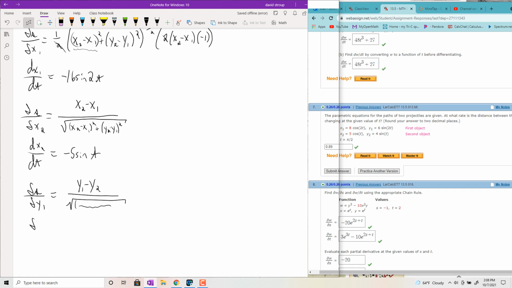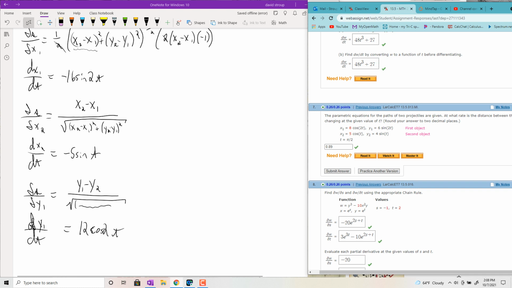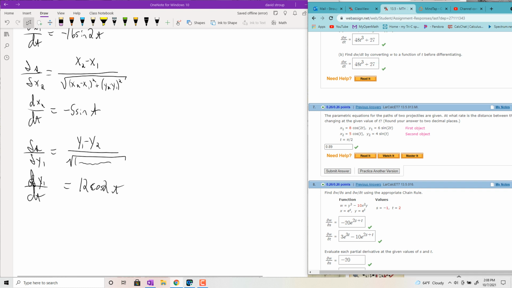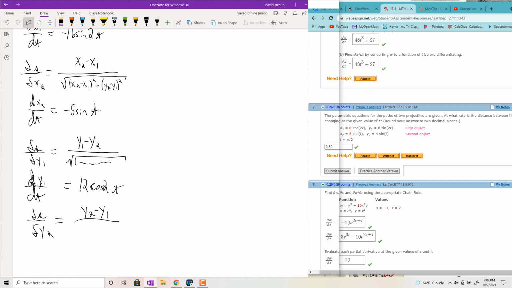And then the regular derivative of y1 with respect to t is going to be 12 cosine of 2t, and I'm just getting that information from the question itself. And then finally, we have the partial of s with respect to y2. That will be like the partial of s with respect to x2, just y2 minus y1 all over the square root of whatever.